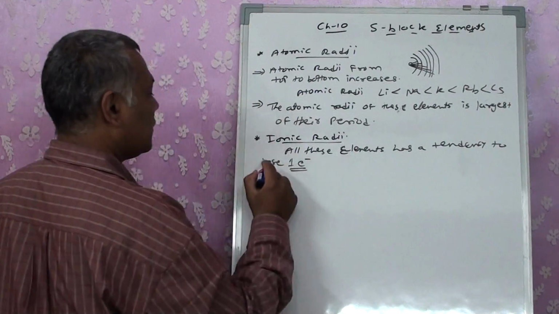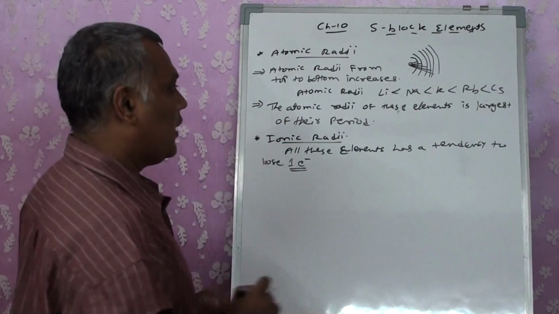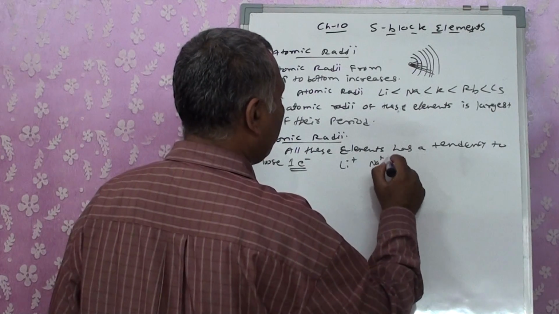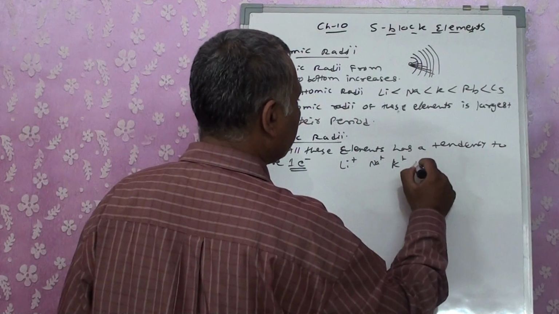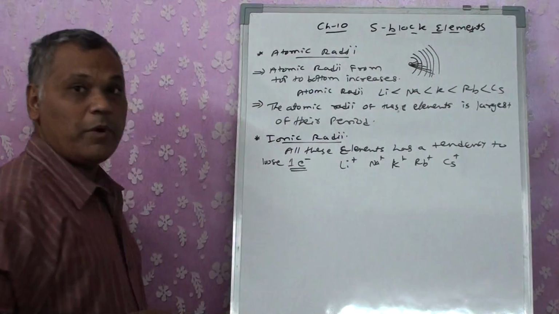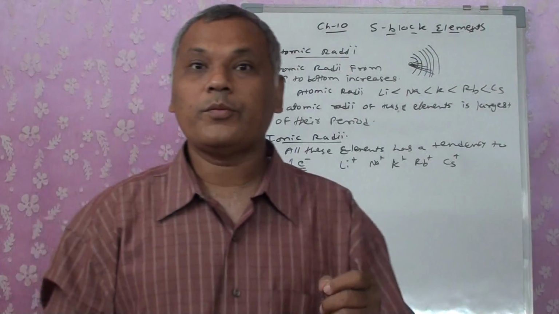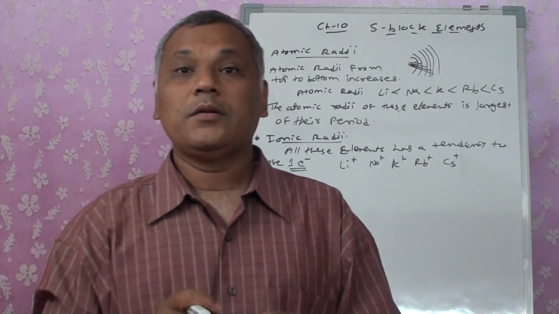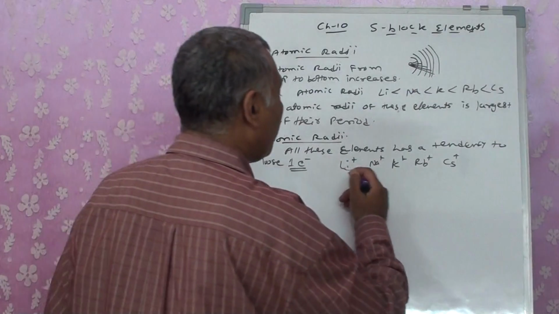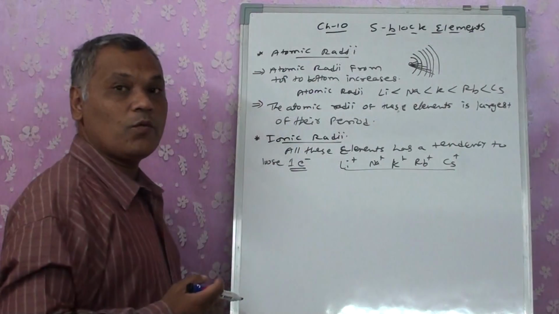All of them lose one electron. As a result, what happens? Li plus, Na plus, K plus, Rb plus, Cs plus. They are removing the electron from their outermost orbit, but still the orbitals are going to increase. All of them have a tendency to lose their one electron.